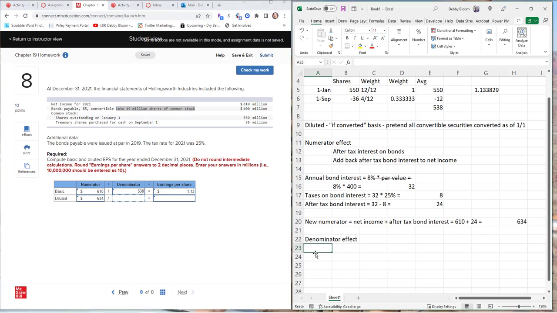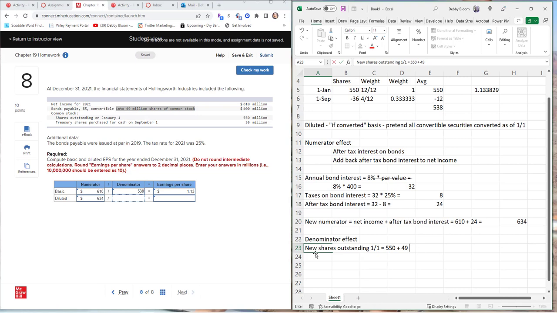So the new shares outstanding on January 1st: we take the 550 million that were already outstanding. We would pretend that we converted those bonds payable into 49 million shares.